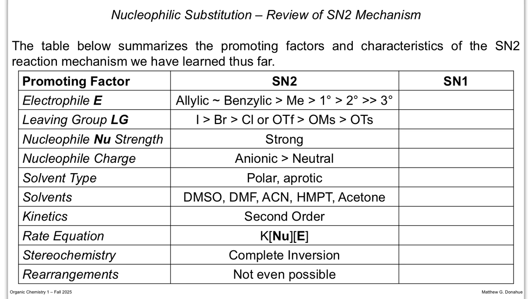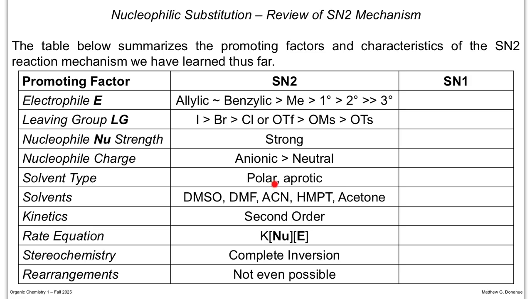Nucleophile strength. So strong nucleophile, and of that, the anionic form is greater than the neutral form. And if you think of that as sort of like an acid or conjugate base pair, then that should make a little bit more sense. Solvent type, we want polar aprotic.